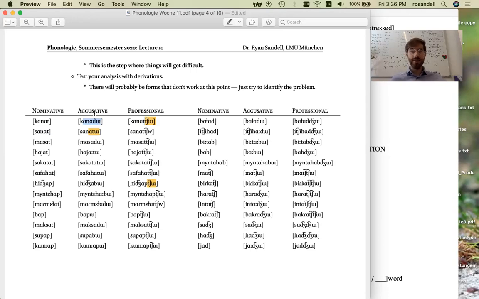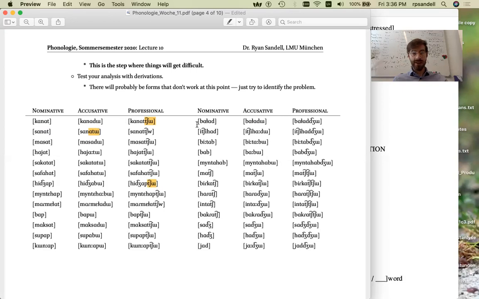So it's not immediately clear based on this data what exactly we need to posit for the underlying representation of the professional suffix, and whether we are seeing regressive voicing assimilation of some type or progressive voicing assimilation.